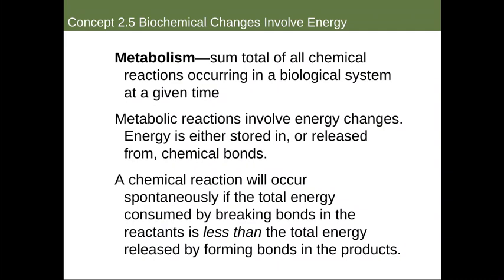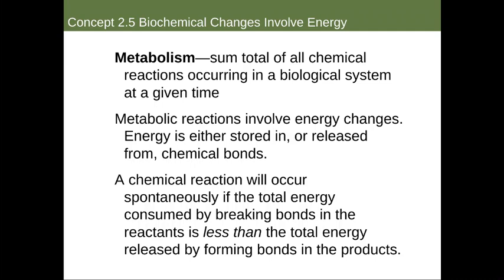Once you get above that level, it becomes inherently difficult to study metabolism at, let's say, the population or ecosystem level. Now, these metabolic reactions involve these energy changes that we talked about. It's either stored or released from the production or destruction of chemical bonds. So the reaction will occur spontaneously if the total energy consumed by breaking the bonds is less than the total energy released by forming bonds in the products.